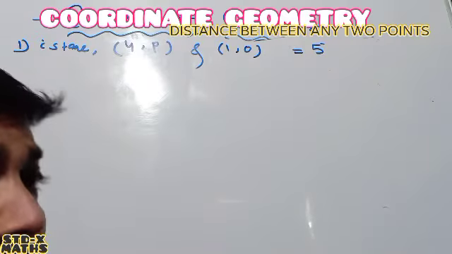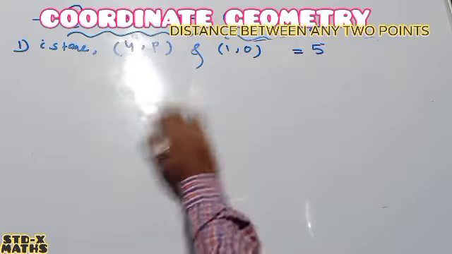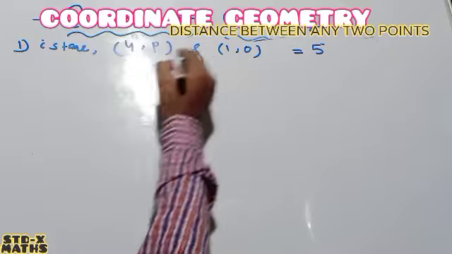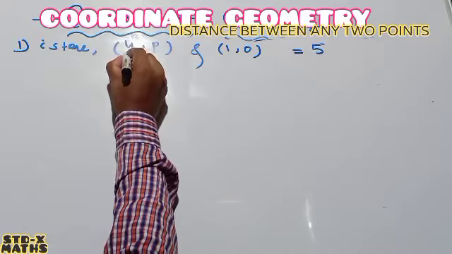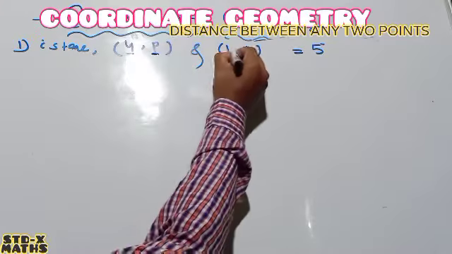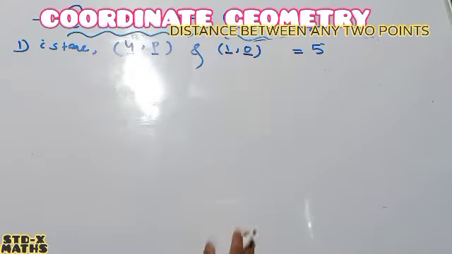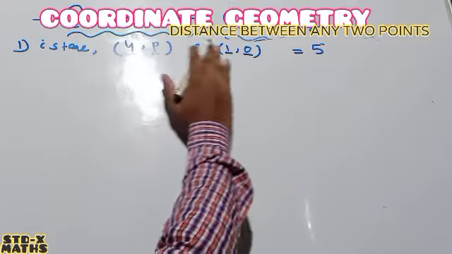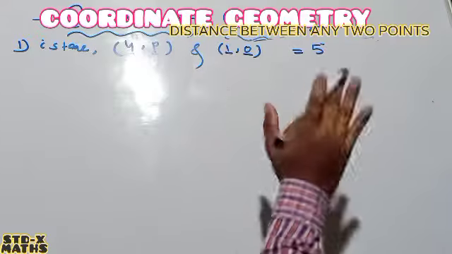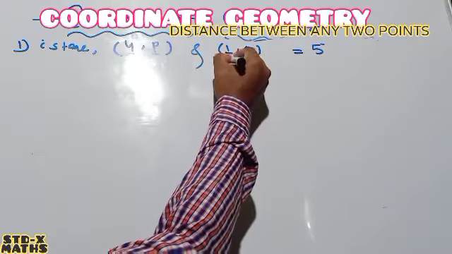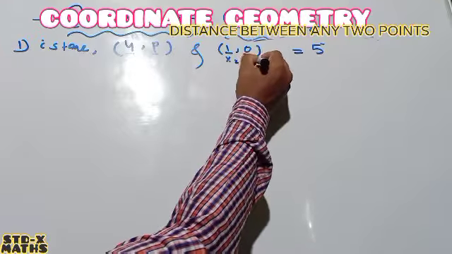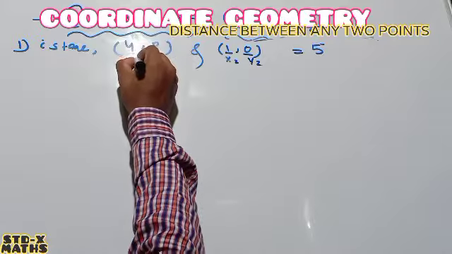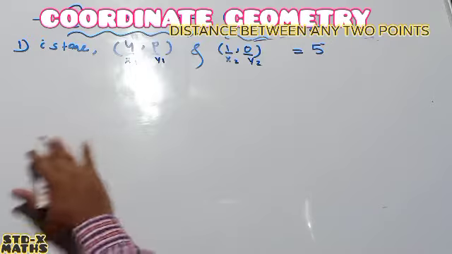The distance between the two points is already given as 5, so the equation is ready. Everyone see, the distance formula is x2 minus x1. Suppose here is x1, here y1, here x2, and this one y2. Otherwise you can take the first one as x2, y2 and the next as x1, y1, no problem. So I am writing this one as x2, this as y2, this as x1, this as y1.